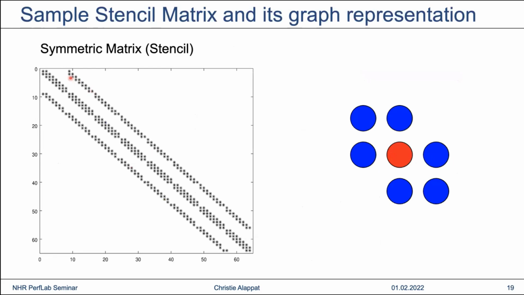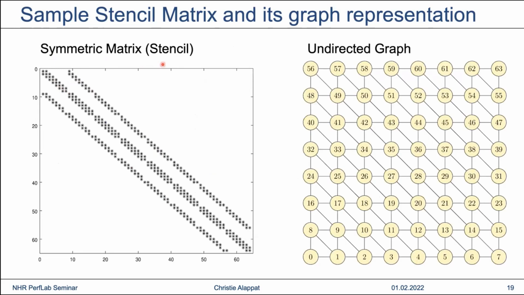here I take a symmetric matrix that is derived from this simple stencil, which is shown here. Associated with any symmetric matrix, we can have an undirected graph. Both the matrix and the graph store the same information. For example, the first row of the matrix has column indices 0, 1, and 8.